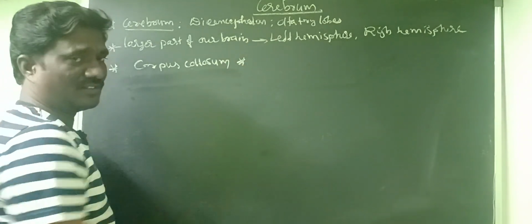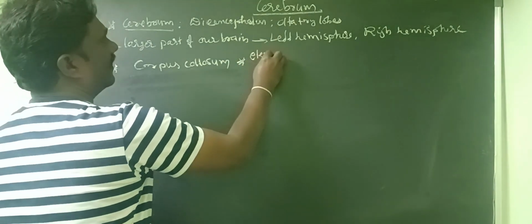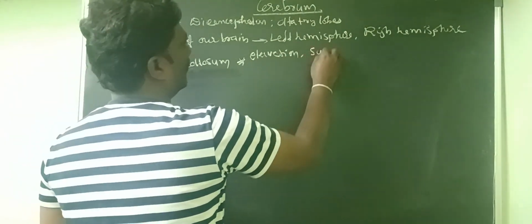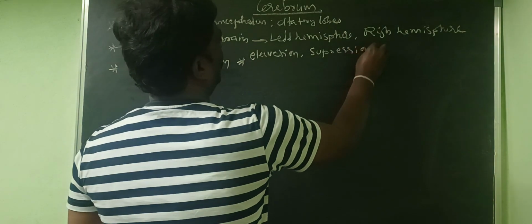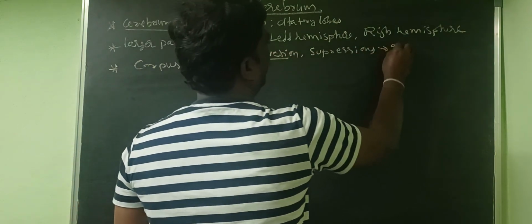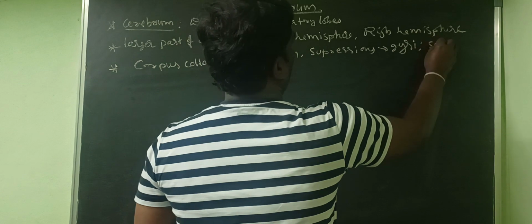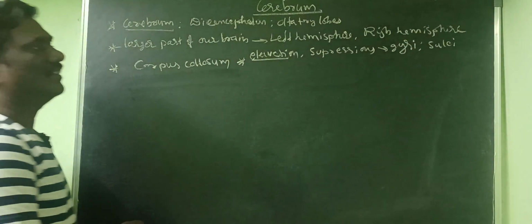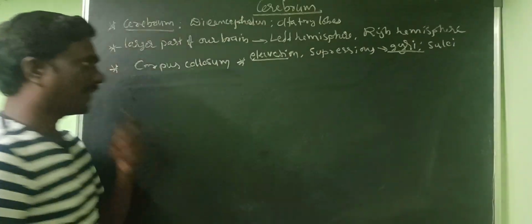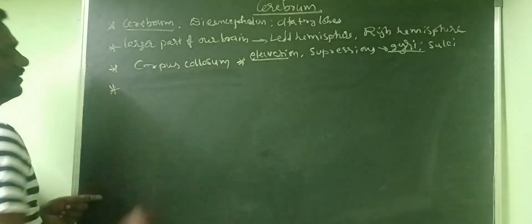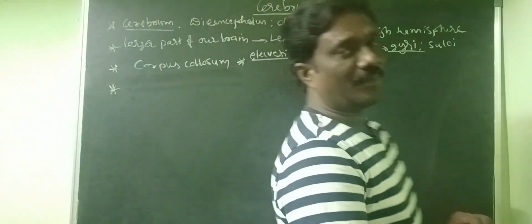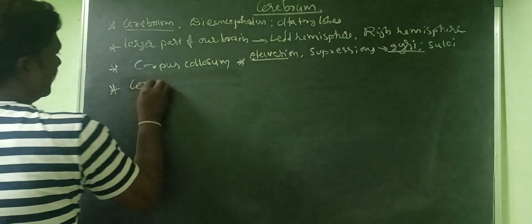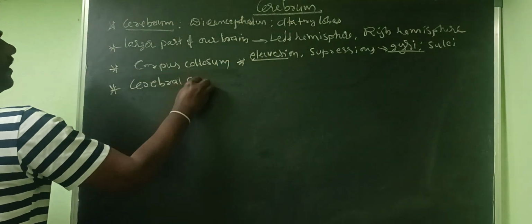The cerebrum has many elevations and depressions. The elevations are called gyri and the depressions are called sulci. The upper layer of the cerebrum is called the cerebral cortex.